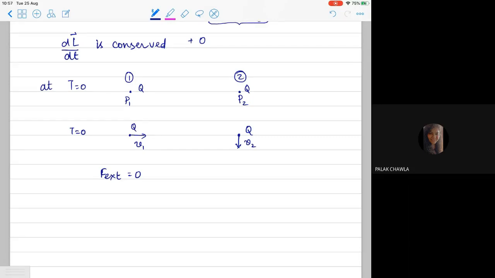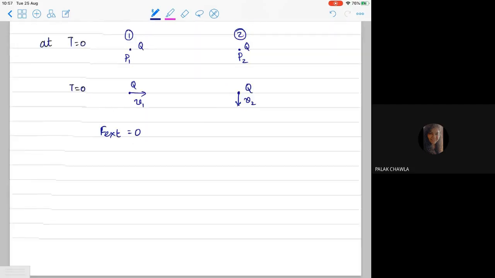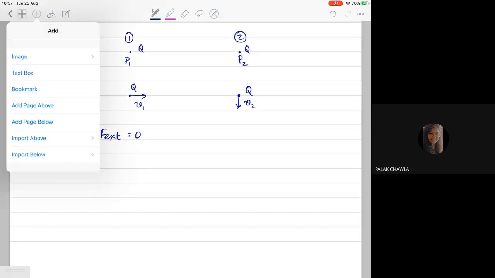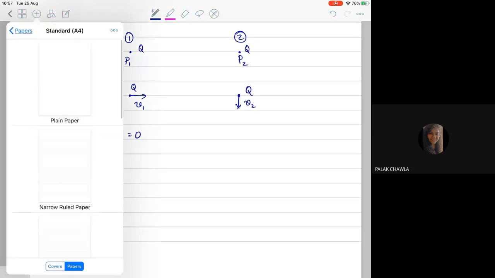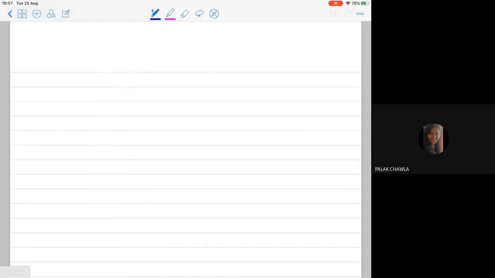So if a particle is at rest, how many coordinates do you need to specify its position? In a three-dimensional space, you will need 3 coordinates. I will just write that down. I'll add a page.